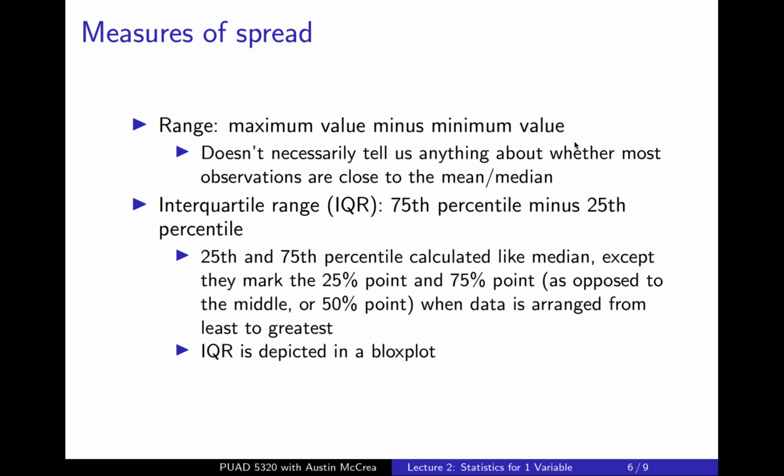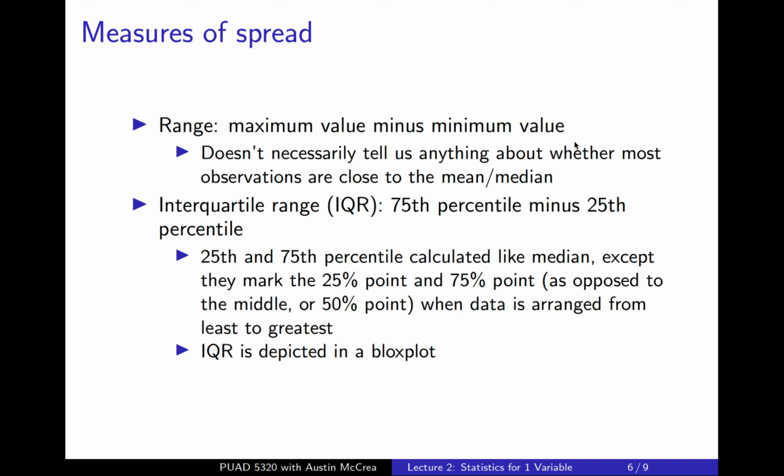And so some of the first most common and easy to calculate measures of spread that we have at our disposal is first the range, which is the maximum value versus the minimum value. But that doesn't necessarily tell us anything about whether most observations are close to the mean or the median. It just tells us, right, the range. Now, another thing we could use is the interquartile range, which is constructed by taking the 75th percentile minus the 25th percentile.